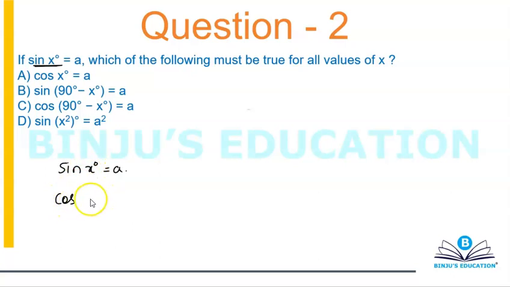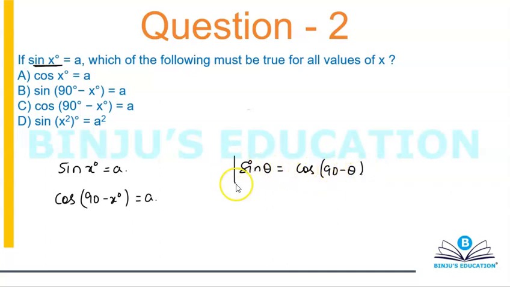So one thing I can say is that cos of 90 minus x should also be equal to a, because we know that sine and cos are complementary. So whatever is the value of sine theta will exactly be the value of cos of 90 minus theta. So if sine of x degrees is equal to a, then cos of 90 minus x degrees will also be equal to a. Now which option says that?